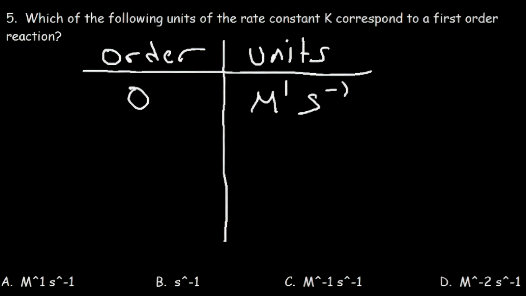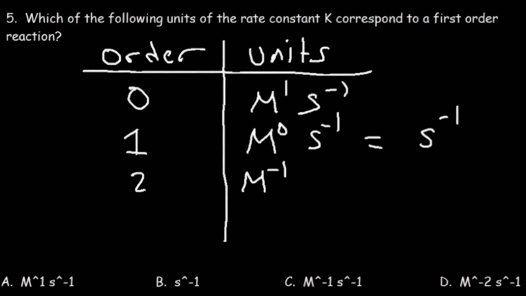Now the time could be minutes, it can be hours, but it's always going to be to the negative 1. It shouldn't be negative 2 or negative 3. So for a first order reaction, it's going to be M to the 0, s to the minus 1, which is the same as s to the minus 1. For a second order reaction, it's M to the minus 1, s to the minus 1. For a third order reaction, it's M to the minus 2, s to the minus 1.